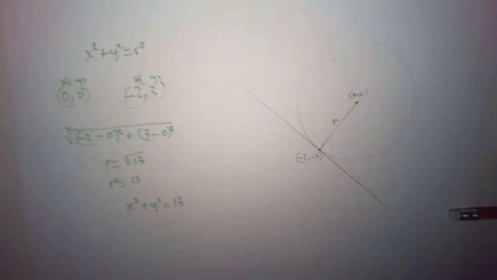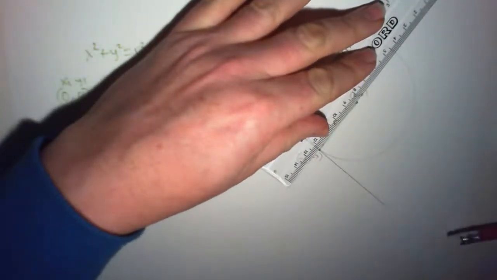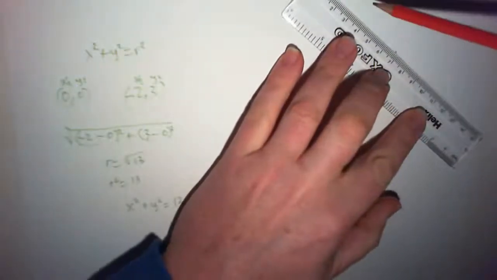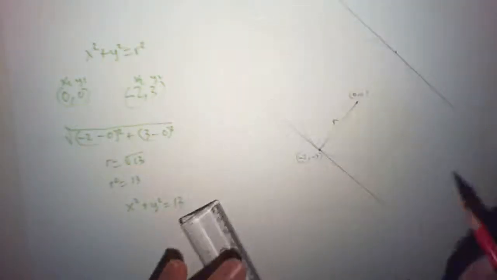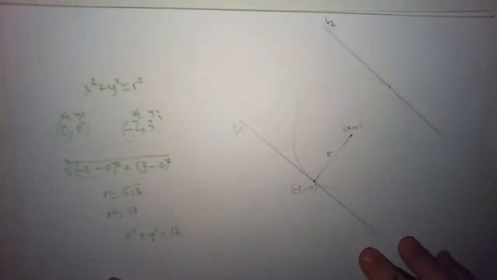Now, let's have a bit of fun with this, okay? I like having fun. Imagine for a second that out here there's another line. Let's call that L1, L2. So L2 is out here.